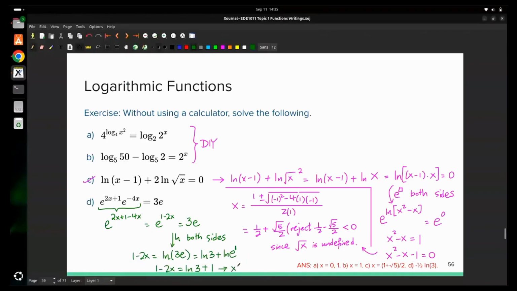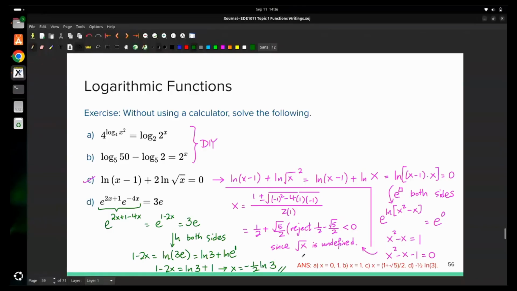So x equals, you can minus 1 on both sides. It's really giving me half of ln 3, or rather minus half of ln 3. You can also put it as ln of 1 over root 3, in fact, because there's a minus there.